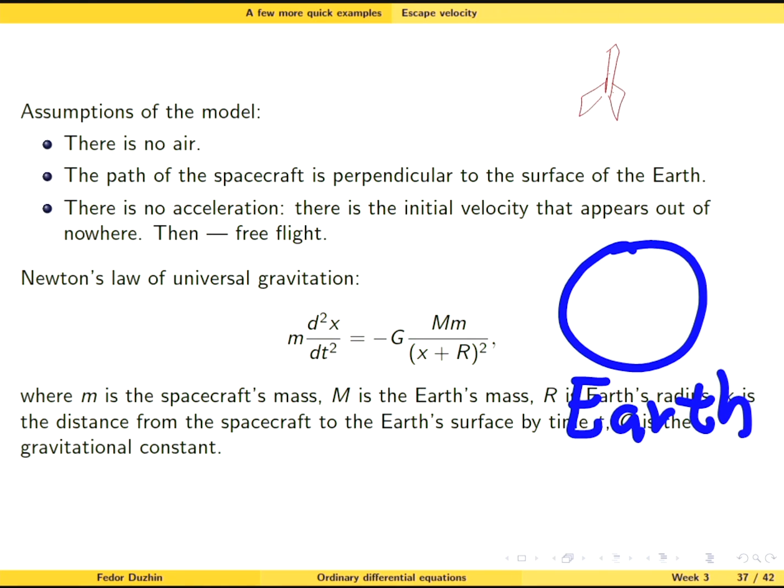Well, it's not a rocket, but anyway. Okay, so that's the distance between the spacecraft and the center of the Earth, and here x is the altitude, so the distance between the surface of the Earth and the spacecraft, and big R is the radius of the Earth.